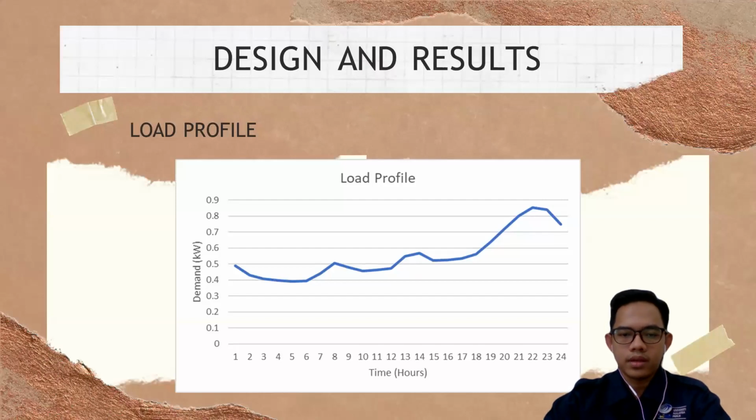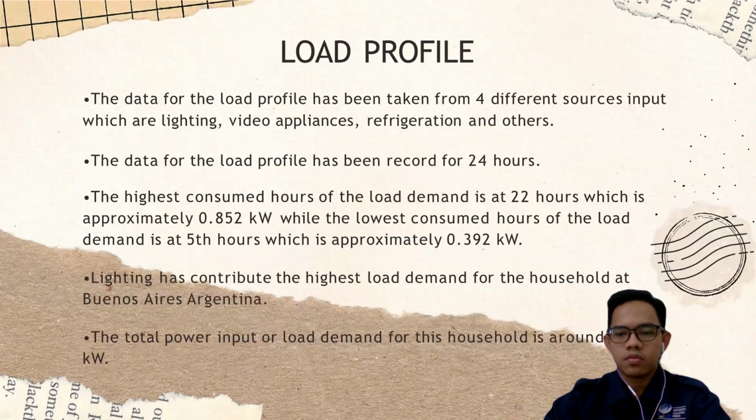So for the load profile, the data has been taken from 4 different source inputs, which are lighting, video appliances, refrigeration, and others. The data for the load profile has been recorded for 24 hours.